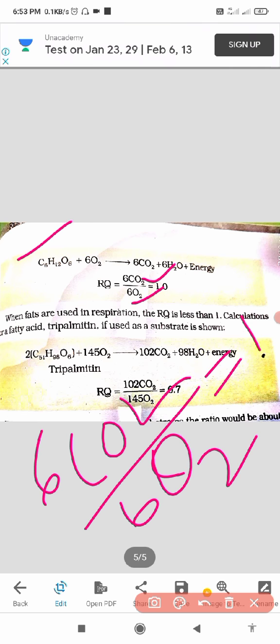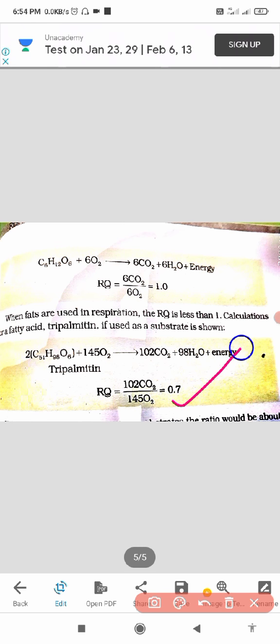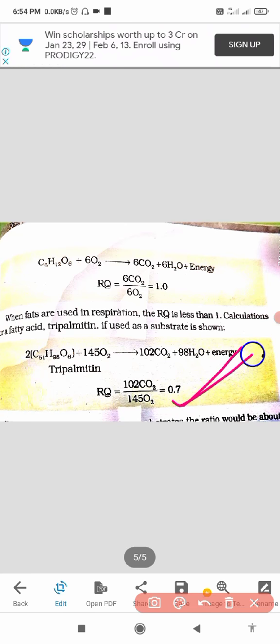Then what will be the RQ? The RQ of this will be 0.7. How? 102 CO2 upon 145 O2. That will be equivalent to 0.7. So RQ of this molecule will be 0.7. RQ of glucose will be 1.